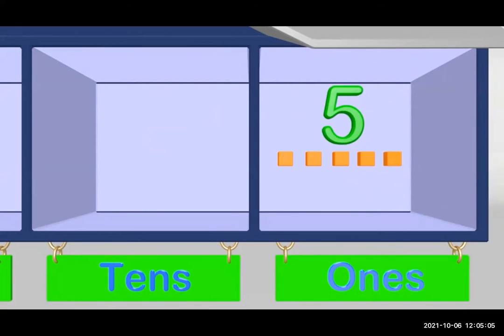Great job! We can see the number 5 above the room, and we are not breaking the house rules because we still have just one digit in the room. Now let's add 4 more ones blocks. How many blocks do we have now? Can you count them for me? We have 9 of the ones blocks.